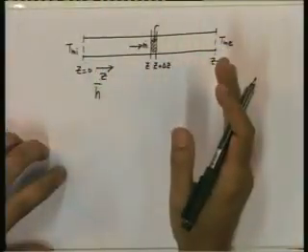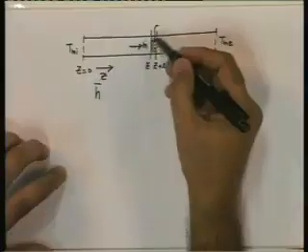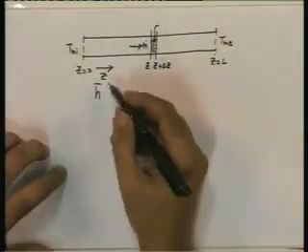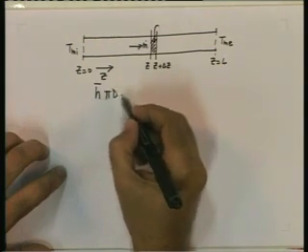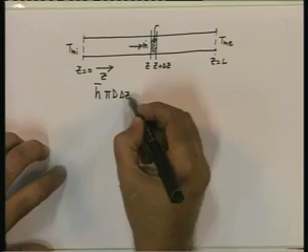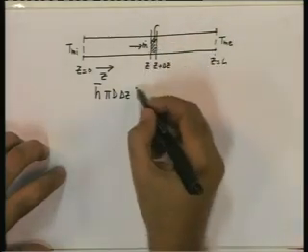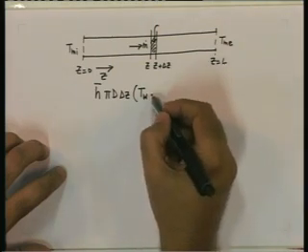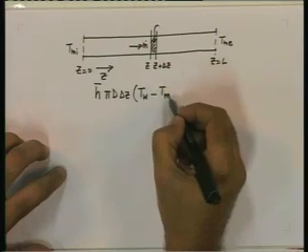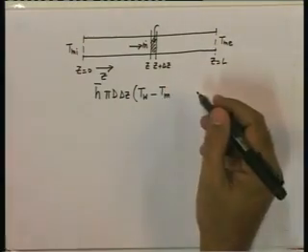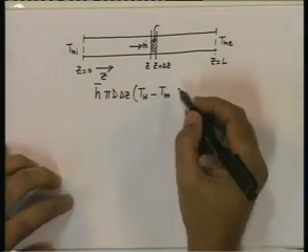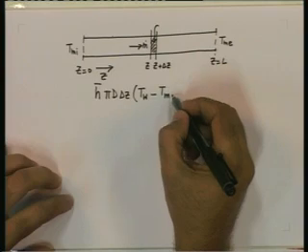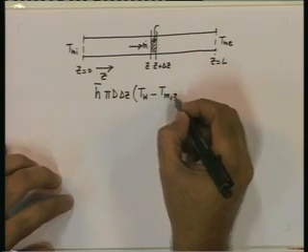Once having calculated the mean heat transfer coefficient, we assume that that is the heat transfer coefficient applicable everywhere, multiplied by the area of heat transfer in this slice, that will be pi d delta Z, multiplied by the local temperature difference, that is the wall temperature, we need not use a subscript Z, minus the local mean temperature Tm, or Tm at Z.